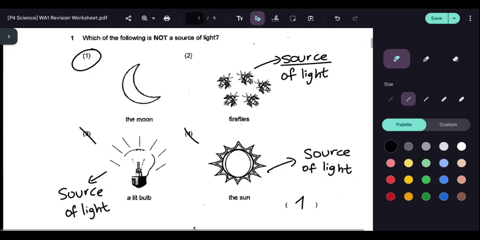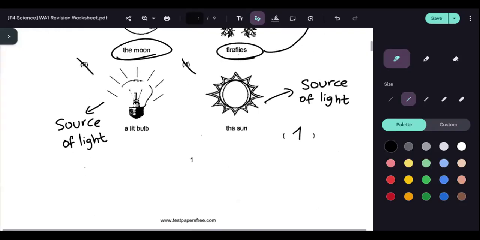The moon can only be seen if there is no rain. If there is no rain, then you will be able to see the moon. However, fireflies, even when it's raining, can still be a source of light, even with rain. Clear?